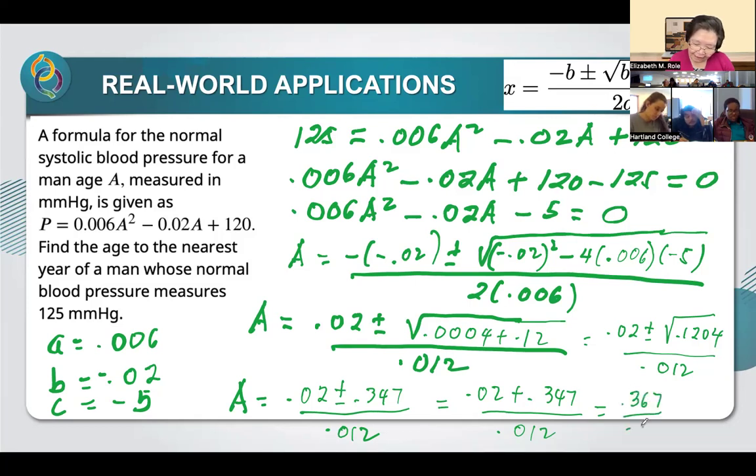Yes. Then divide that by 0.012, your denominator. Where did you get the 367? You add the two: 0.02 plus 0.347.